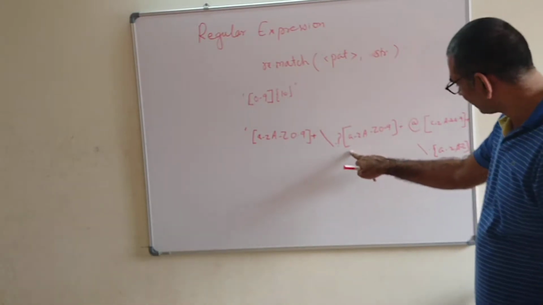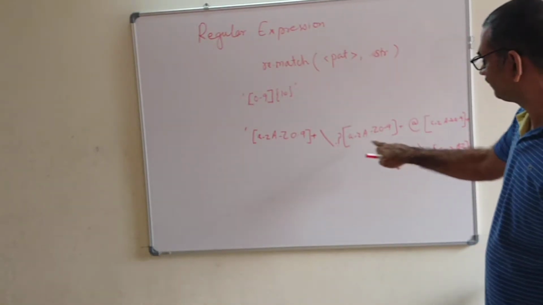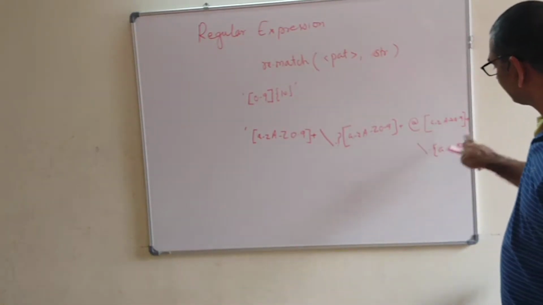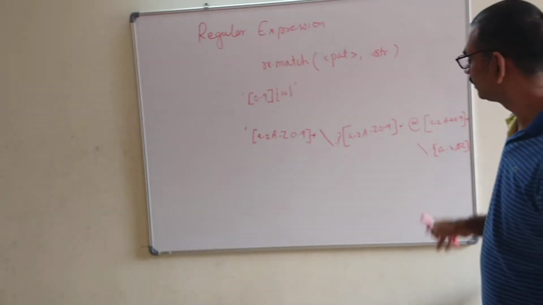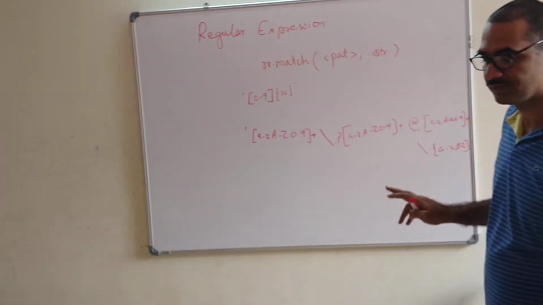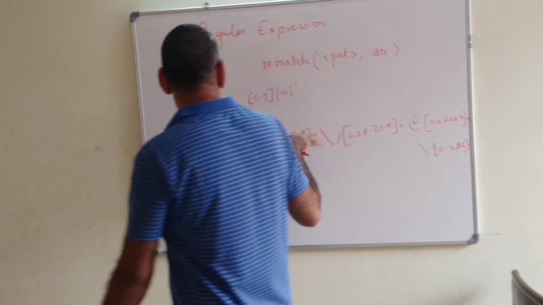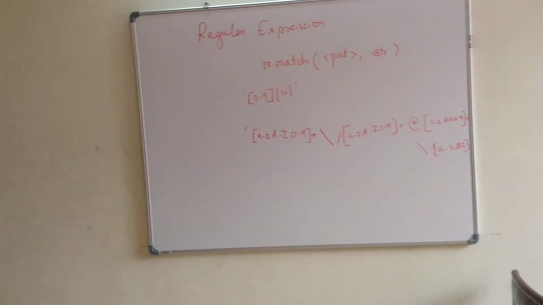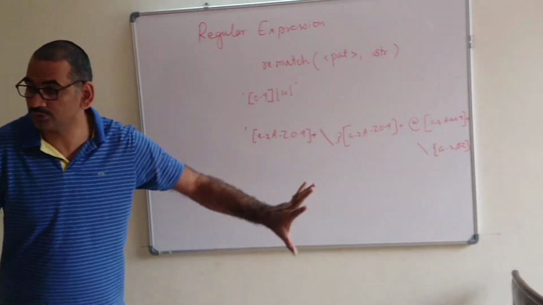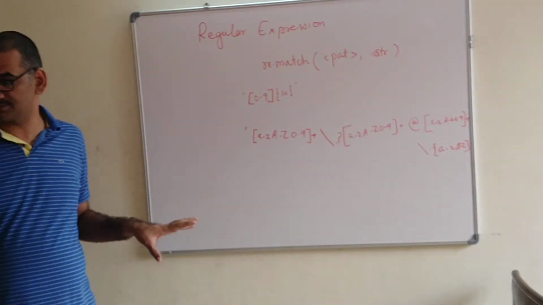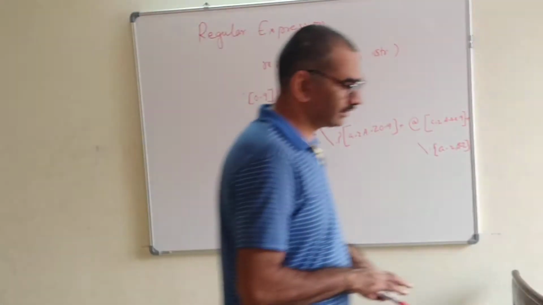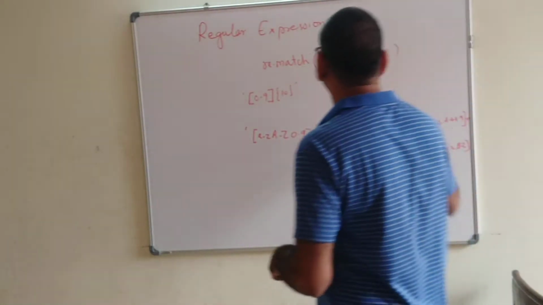Then dot, and then again something, any of these, then at, and any of these. This will match the email. You are seeing a lot of things, and I want to tell you how you specify these things and how you make these patterns, now that you have seen the example.